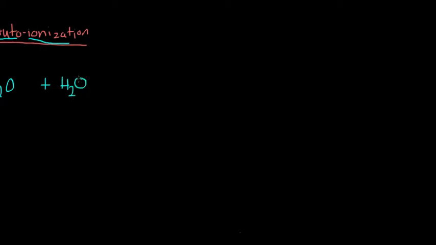But before I write out the products of this reaction, I want to take a look at the structure of a water molecule. So I'm going to take that down here, and I'm going to draw out the structure of a water molecule. So I have my oxygen here, my hydrogens here, and remember that water is polarized.